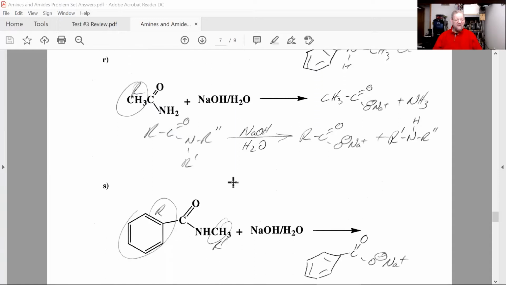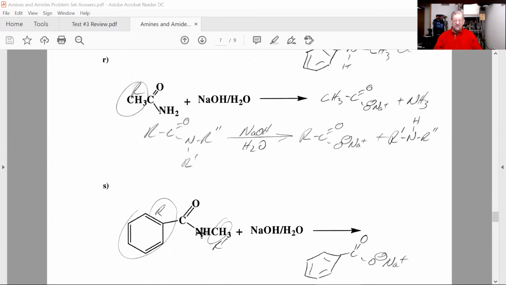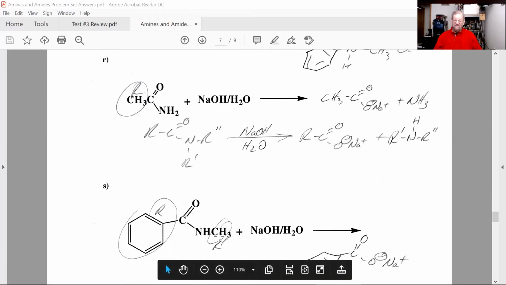Now if we look at S, what do we have? Well, benzene ring isn't going to react with base and water, but carbonyl, oxygen here, nitrogen to the carbonyl with stuff on it. Well, that sounds professional. And this is an amide. Amide, base, water, base hydrolysis of an amide.